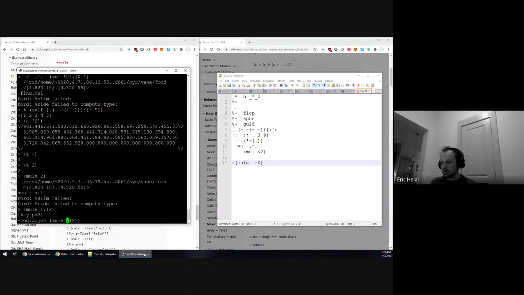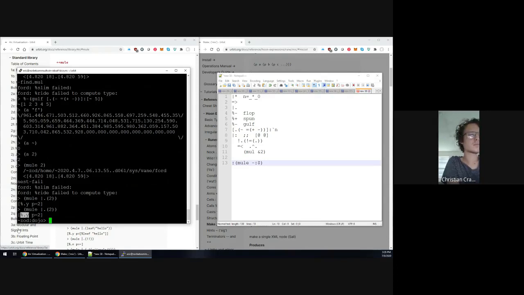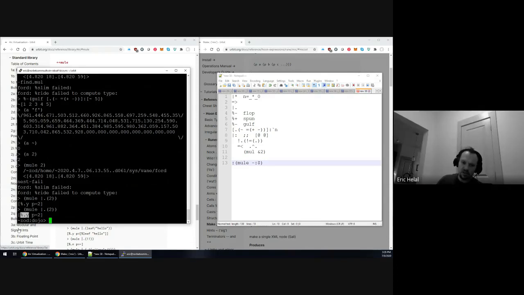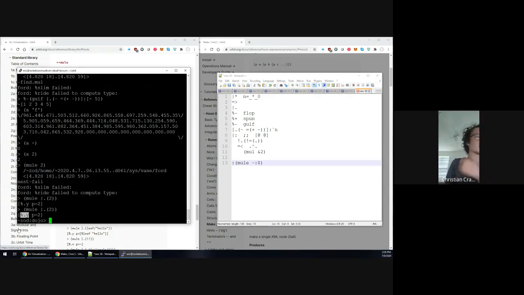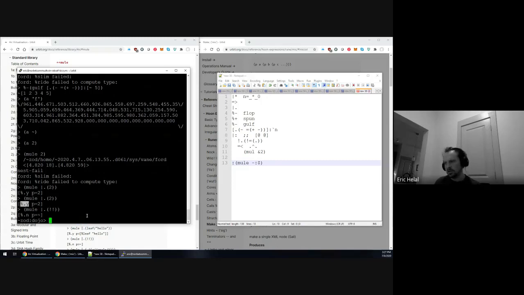I don't understand what that's doing. I guess we're saying that mule tells whether or not it crashed, or whether or not it was successful. Yeah. Replace the 2 with zap. Yeah. Okay.